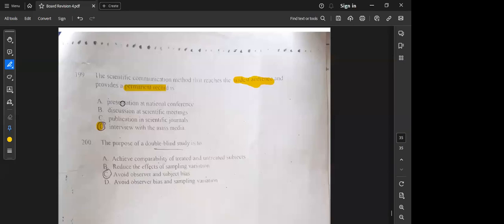Because for the national conference presentation, publication in scientific journals does make sense, and also looking at it from a different perspective about an audience, it does also reach a wide audience, because you can still read a journal from somebody from Russia or from Italy or from wherever. It still does reach a wide audience.